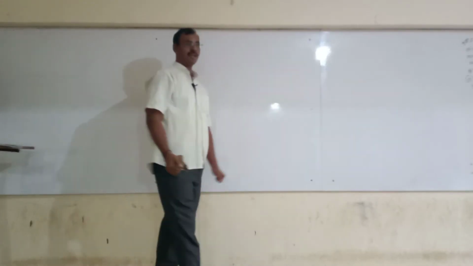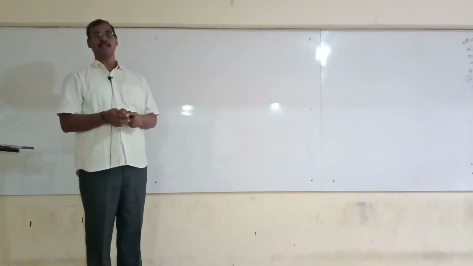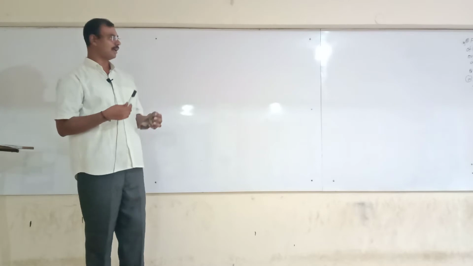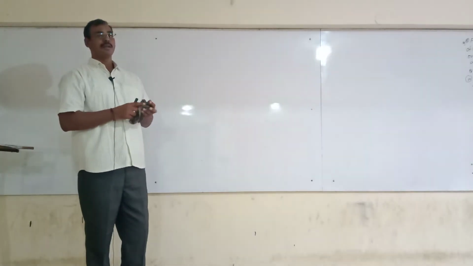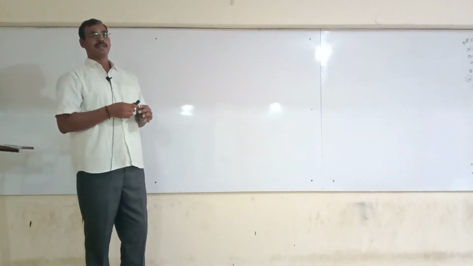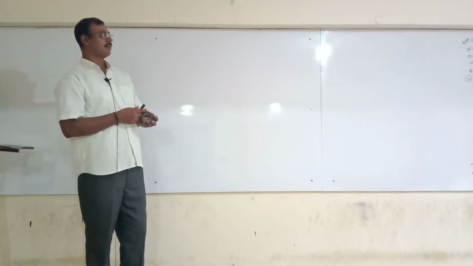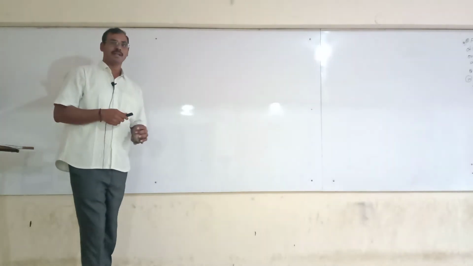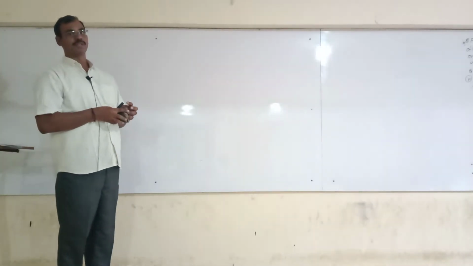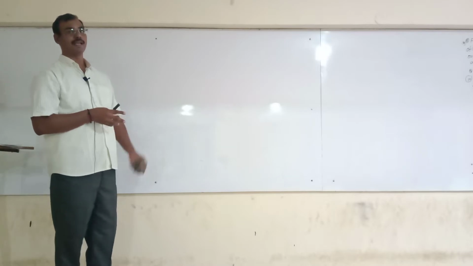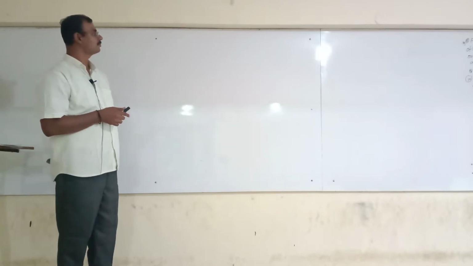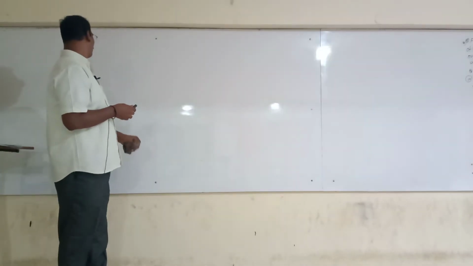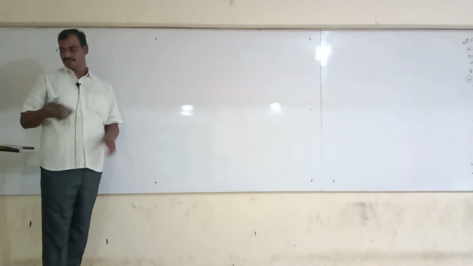If an event A can occur in m different ways, and following it another event B can occur in n different ways, then both the events can occur together in m into n ways, which is called the fundamental principle of multiplication.